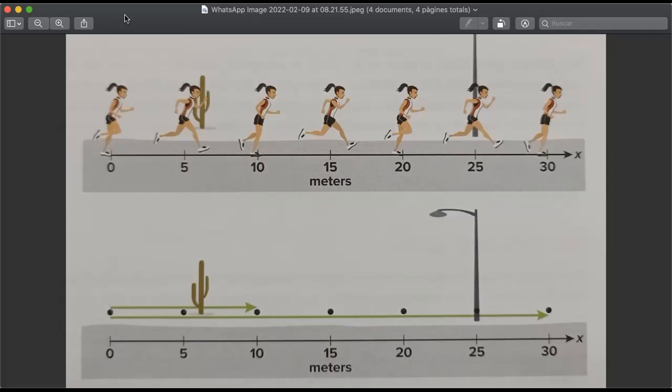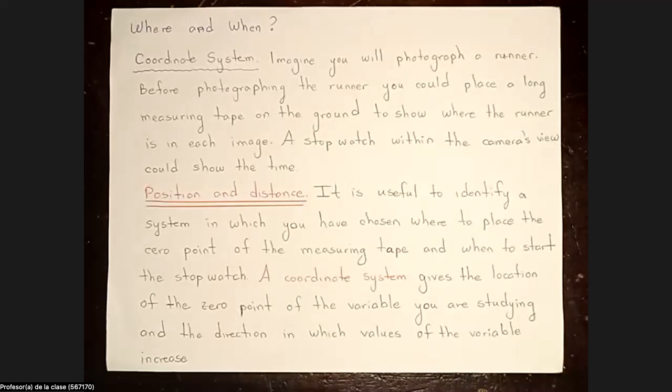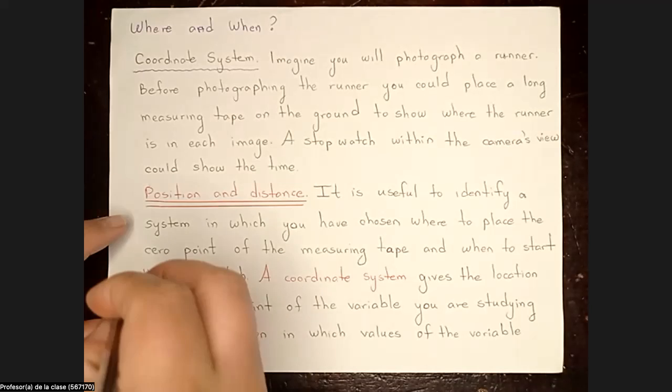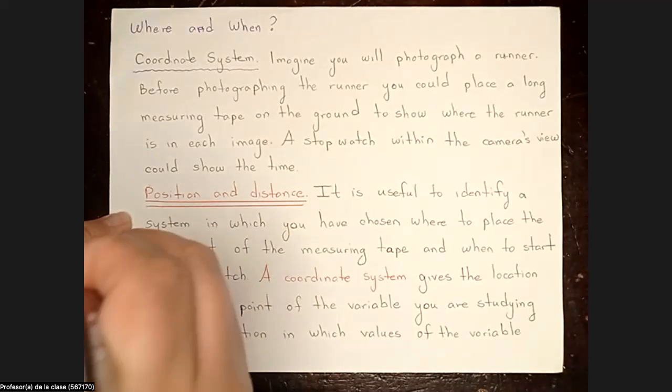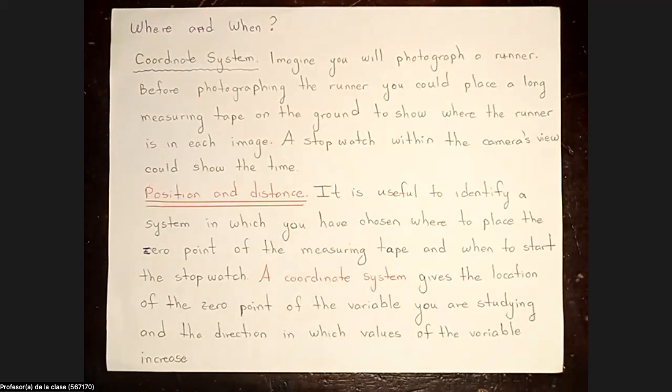I will show them to you later, okay? So if we talk about position and time, position and time is useful to identify a system in which you have chosen where to place the 0 point of the measuring tape and when to start the stopwatch.